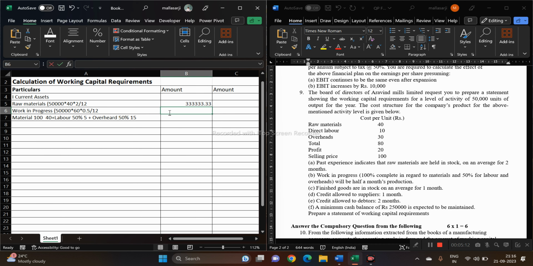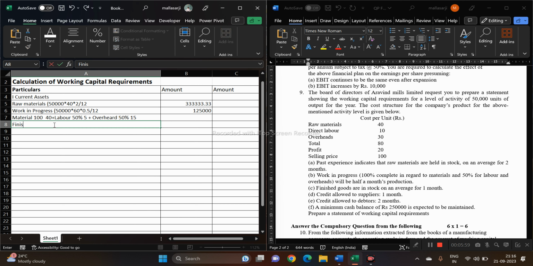So the calculation equals 50,000 units we are manufacturing, and cost of work in progress is 60 per unit, into 0.5, I'll put a bracket, divided by 12. So the answer is 1,25,000. Next one we need to calculate.